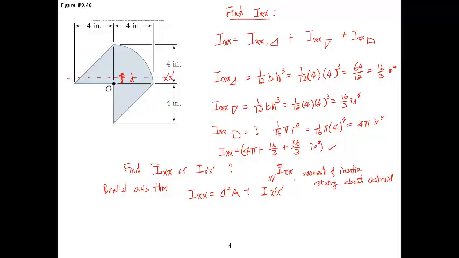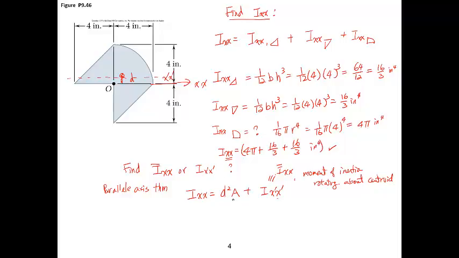As you can see, whenever you're trying to find the moment of inertia around different axes, you need to use the parallel axis theorem. Since what we found here is the rotation about the x-x axis, and now we want the moment of inertia on a different axis, you don't have to redo this whole thing again. All you need to do is apply the parallel axis theorem. My parallel axis theorem simply states that my Ixx is d squared times A plus that.